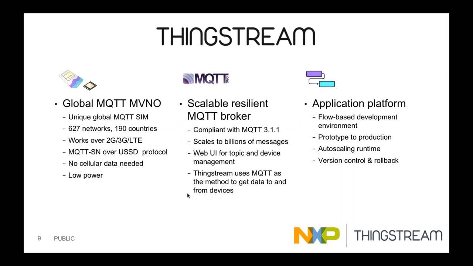We've seen that from a programmable point of view and the control point of view, and again for the low cost, MQTT is an extremely efficient protocol for using for IoT. So we've taken that further. We've actually built a global MVNO, which effectively enables devices to use our SIM cards and communicate using MQTT or a variant of MQTT from pretty much anywhere in the world.